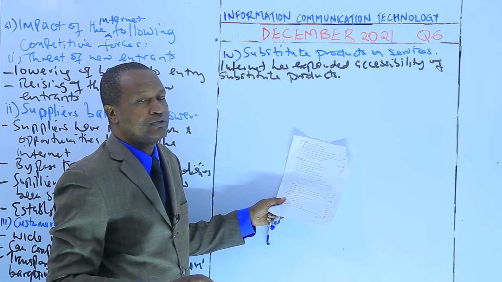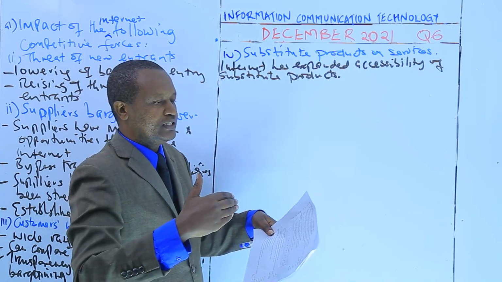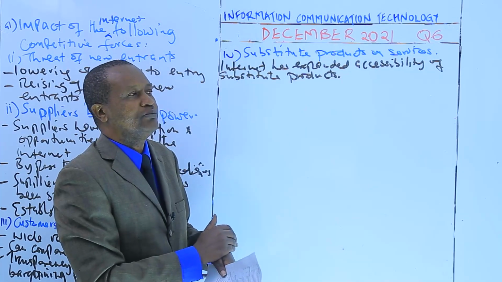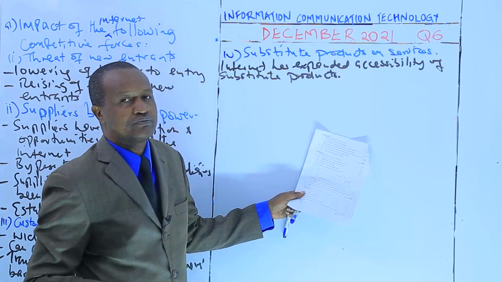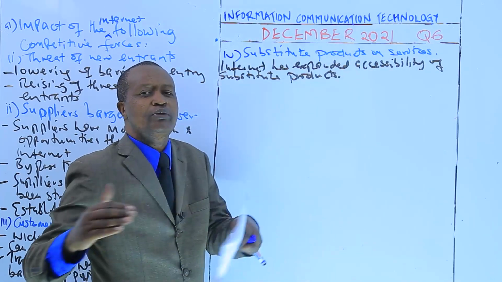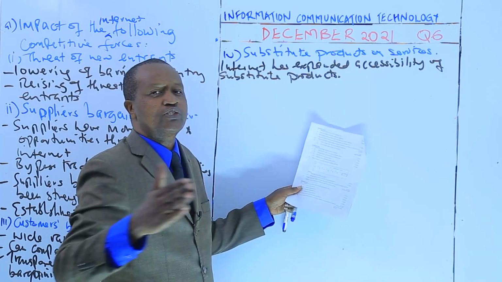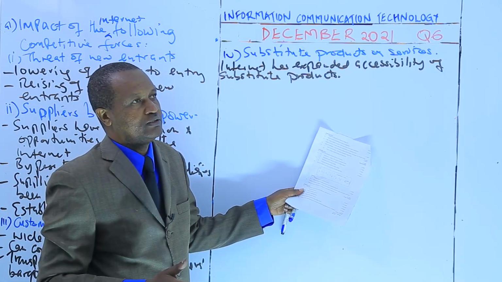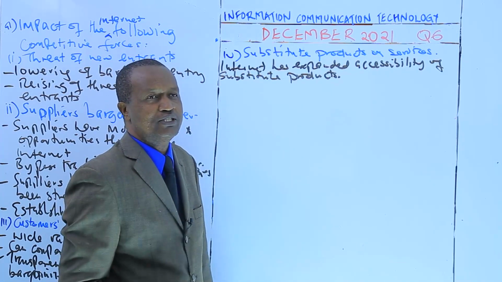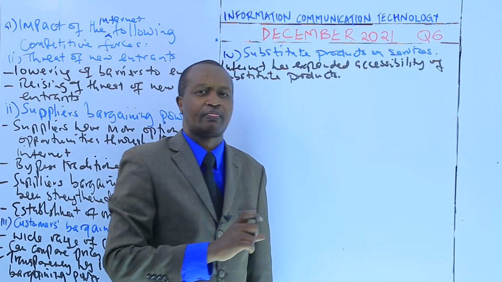For example, streaming services have disrupted the traditional television and even the movie rental industry. We've also had online communication platforms that have affected traditional television services. We've also seen e-learning platforms that have affected the traditional physical colleges.